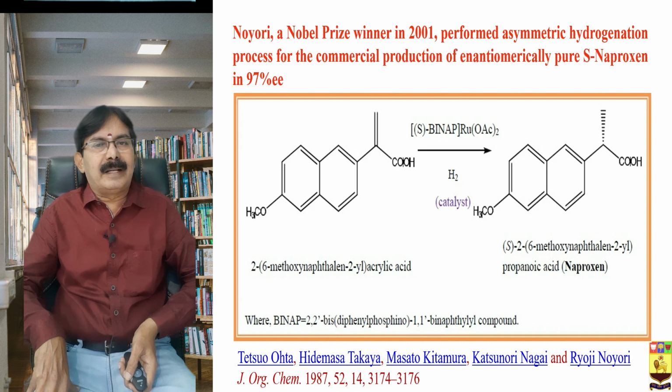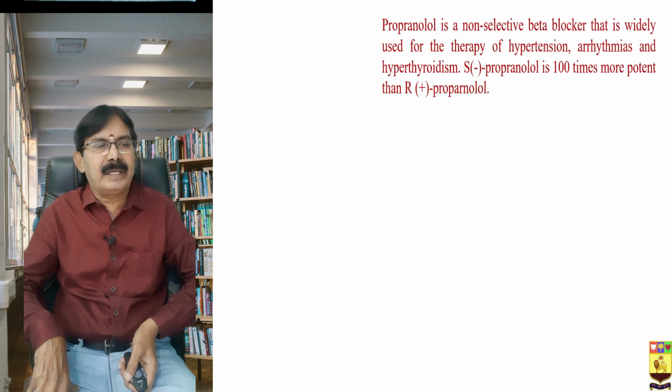So, another drug is propranolol. Propranolol is a non-selective beta blocker that is widely used for the therapy of hypertension, arrhythmias, and hyperthyroidism. Yes, S-propranolol is 100 times more potent than R-propranolol.